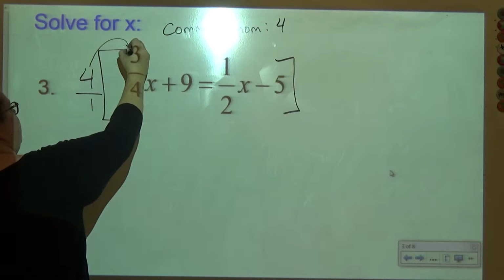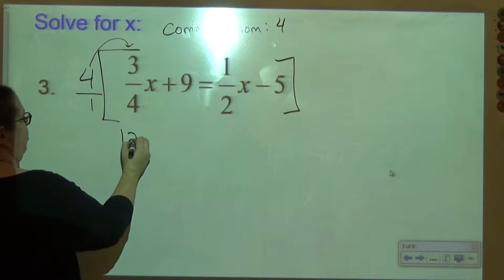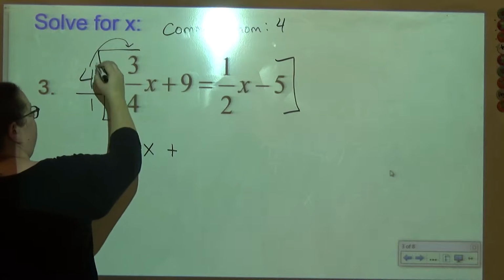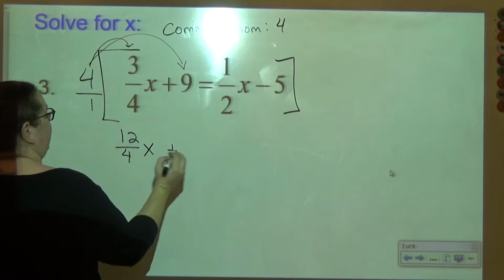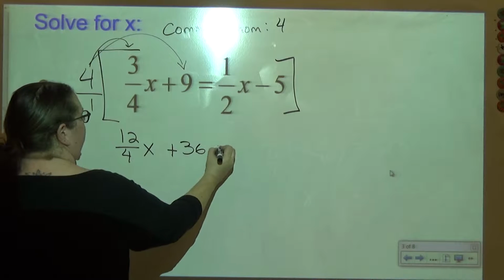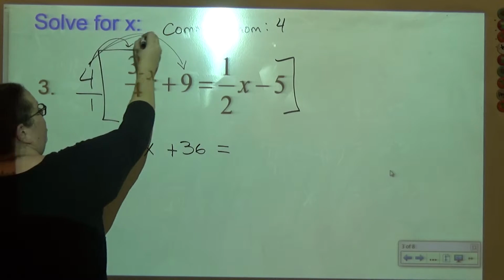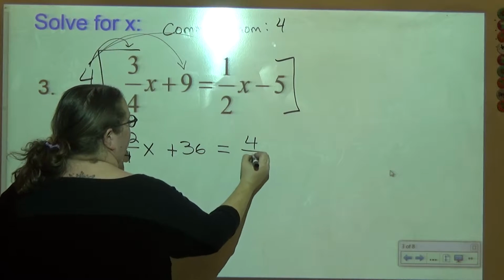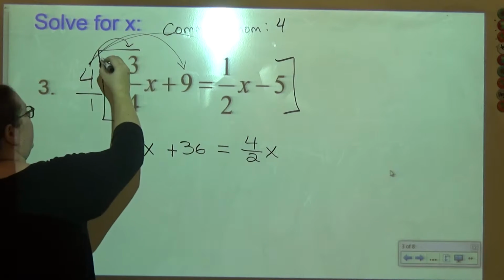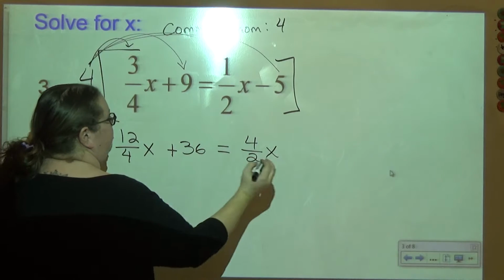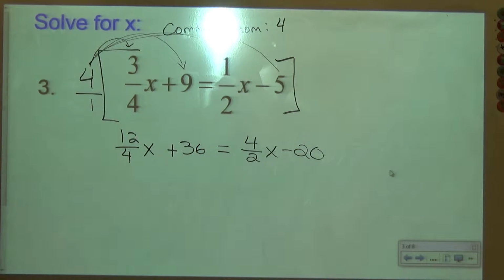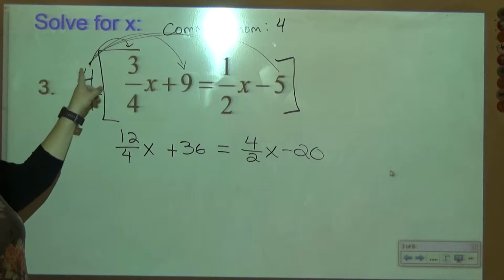So 4 times 3 is 12, so 12 over 4x, plus 4 times 9 is 36, equals 4 times 1/2 is 4 over 2x, and 4 times 5 is minus 20. When you multiply a whole number, the 4, you only multiply your numerators.